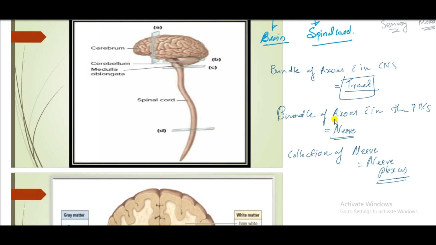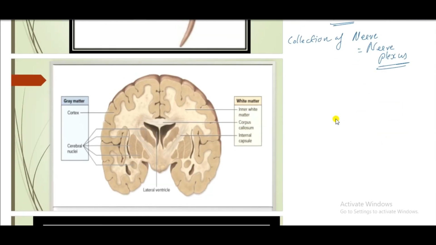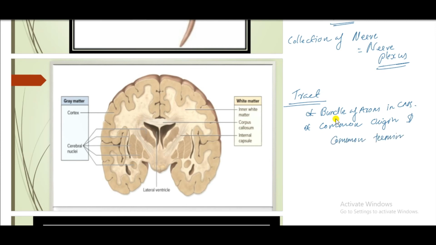And you can add one more thing about tracts. A tract, as I already said, is a bundle of axons in the central nervous system, and it has a common origin and common termination.